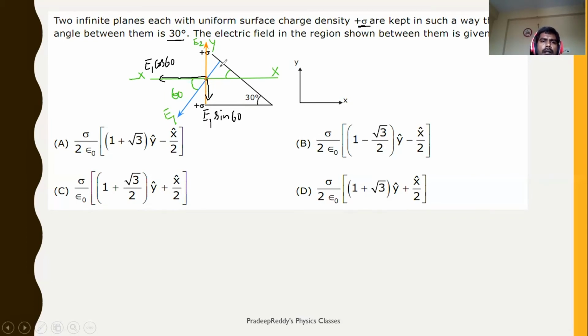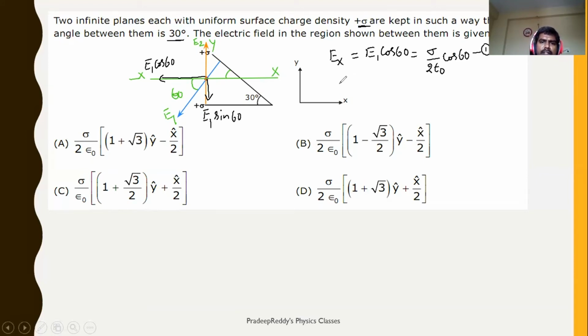Okay. So along the x-axis we have Ex, which is equal to the electric field due to this first one. It is E1 cos 60. But what is E1? E1 is the electric field due to charge density sigma. It is sigma divided by 2 epsilon naught into cos 60. Let me take this as equation number 1. That is along the x-axis.